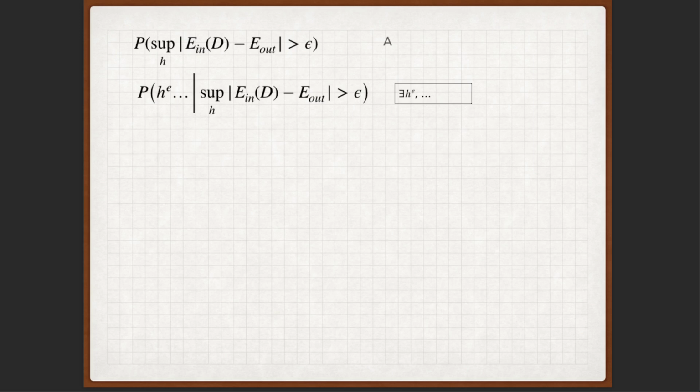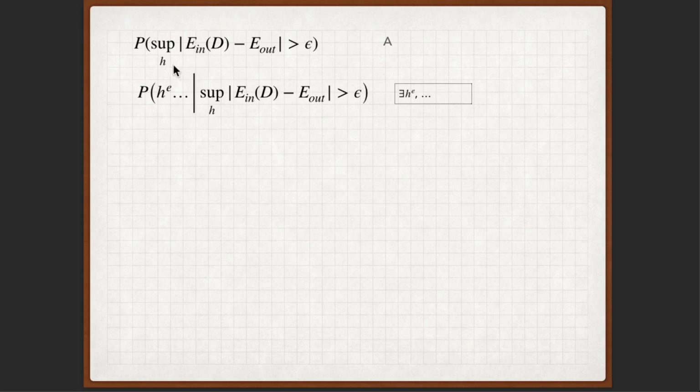So first, let's establish this event: that the maximum difference of in-sample and out-of-sample error is evaluated on some data set. For each hypothesis of a family, we compute the difference on the data set, and the event is for the maximum difference.